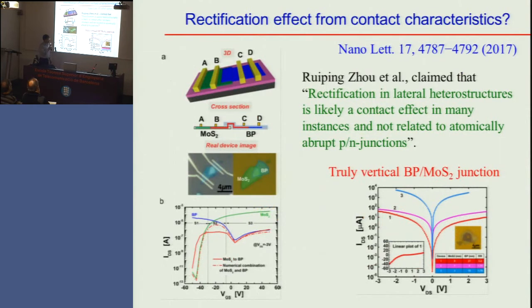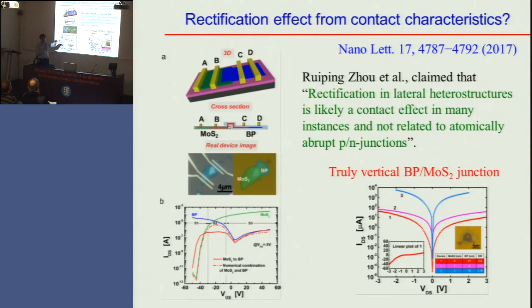And quite recently, however, there are some questions about those kinds of reports, because so far they show nice rectifications. In this Nano Letters paper, they claimed the demonstrations so far are not from a real PN junction. They claim the rectification is out of contact. Contact means they always have some metal contact to those materials.